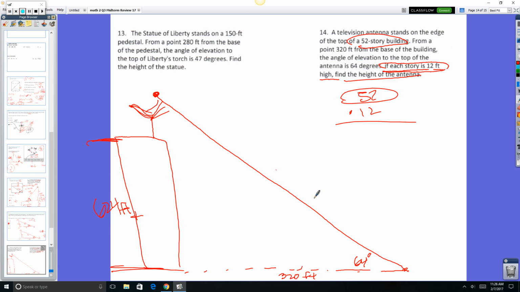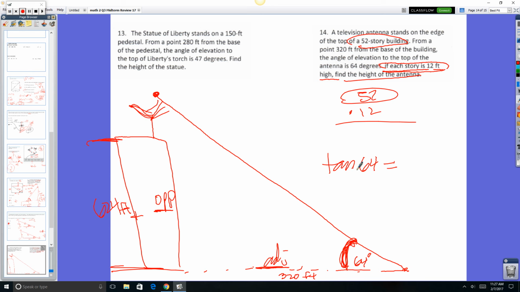Now we are going to find, if we mark it from here, if we're going from the 64, this piece right here would be the opposite, and this piece would be the adjacent, and the trig that marries those together is tangent. So let's do tangent from the 64.